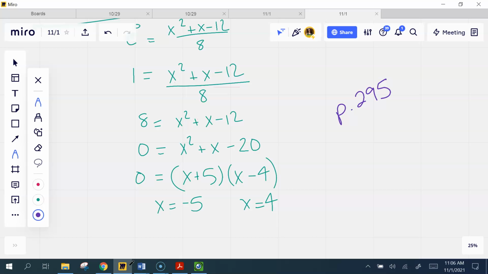Pushing it a little bit. I don't know what 72 is.